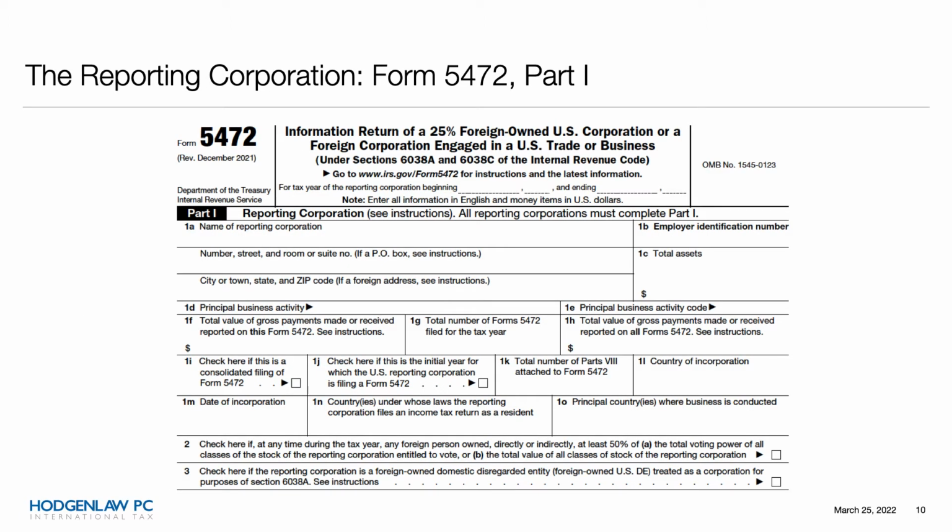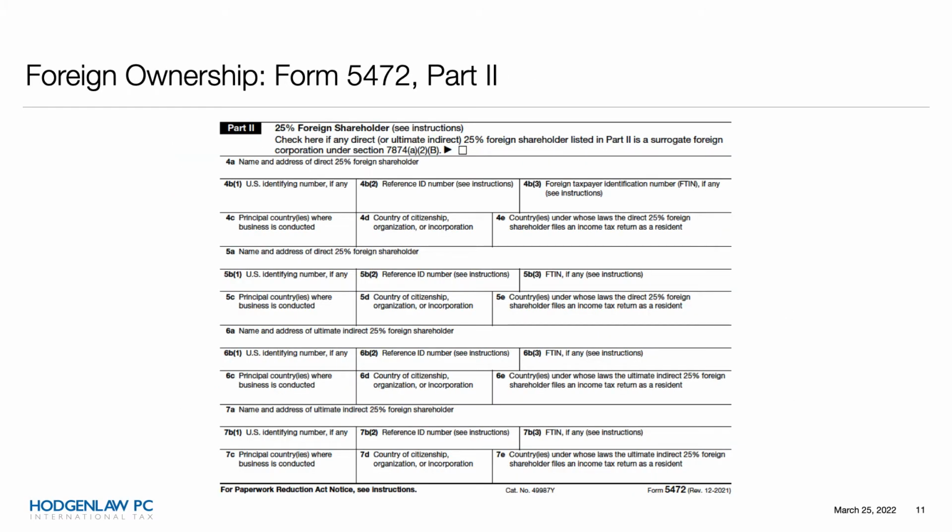So here you have, remember I said it's a double-barreled shotgun. So part one is the first barrel, what kind of entity you have. And so you can see, it says date of incorporation, this, that, and the other. So you're identifying the type of entity that you have in part one, and there's a bunch of other stuff, what's your name, where do you live, blah, blah, blah. And then part two, the other barrel of the double-barreled shotgun, is the foreign ownership.